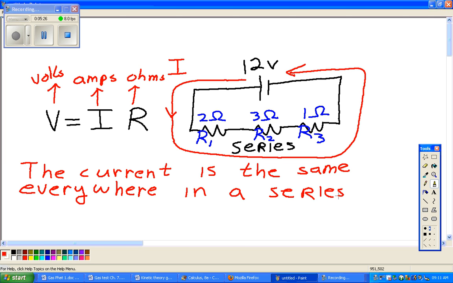So the way I would say that mathematically is that the total current is the same at 1, the same at 2, the same at 3.